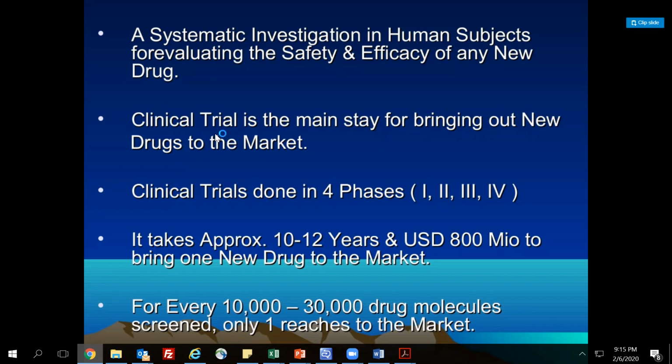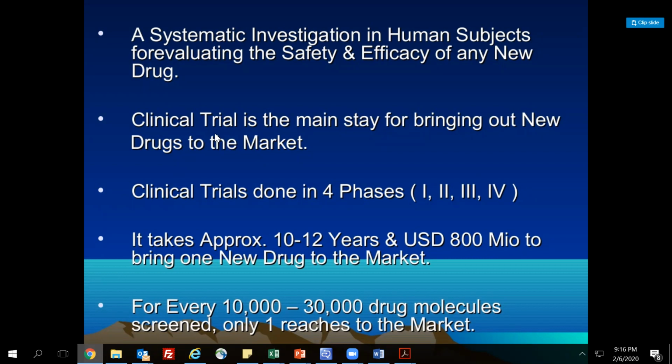These phases start from the trials and go on to the approval, so all phases cover all this. It takes approximately 10 to 12 years and around 800 million USD to get one drug into the market, whether it is a small drug or a big drug.